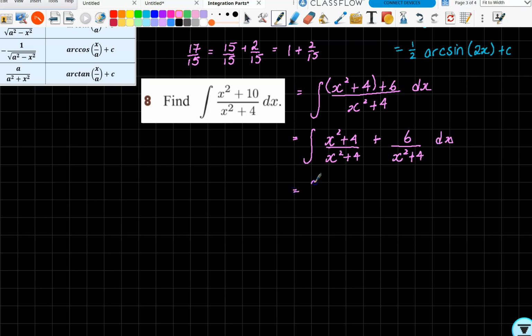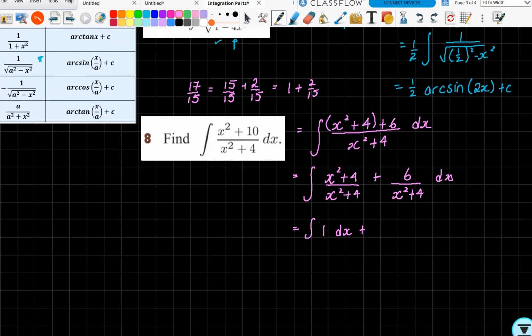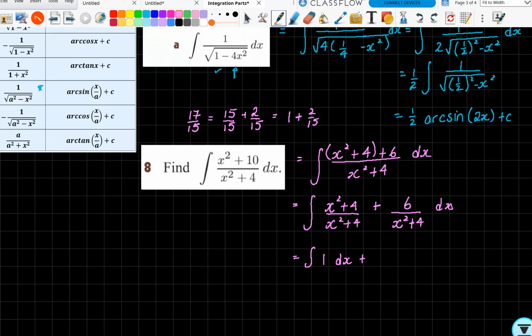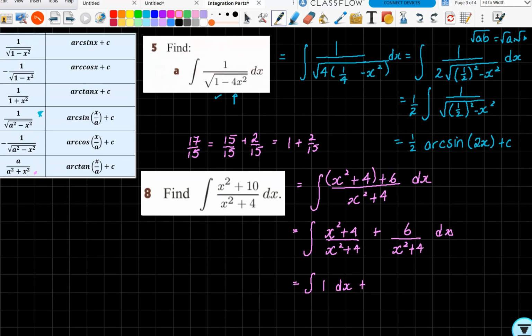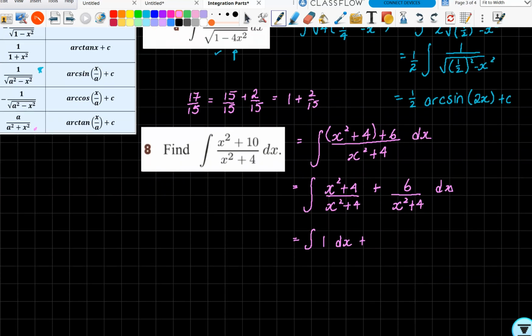So now I'm looking at the integral of 1 by dx plus, we're looking at this rule, so we're going back up, x squared plus 4. Again, it looks like it's going to have to be that one. So what do I want it to be?